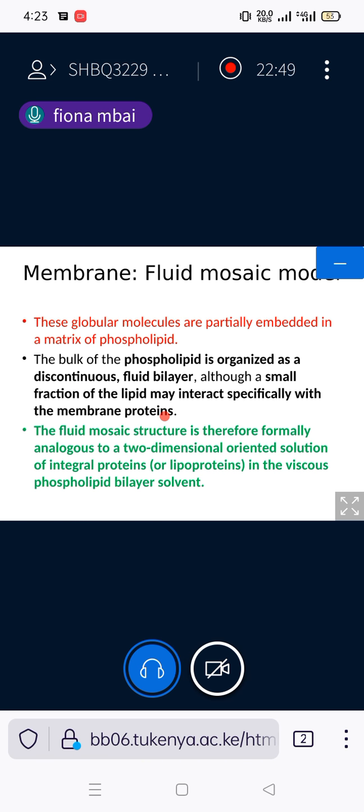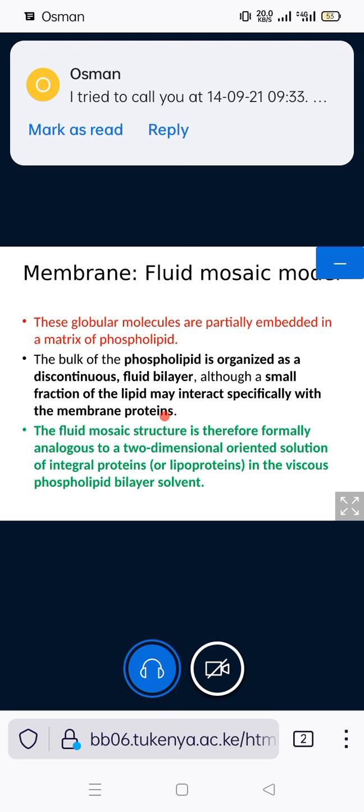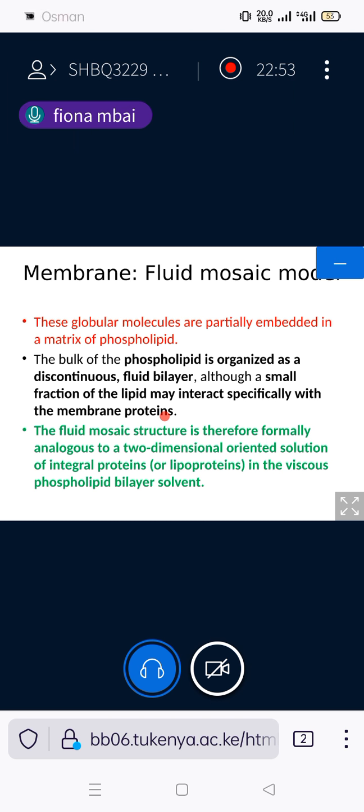And I showed you that with the first slide where I showed you insertion and all the little amino acids, and some are on the outside and some are on the inside. The fluid structure is therefore analogous to a two-dimensional oriented solution of integral proteins or lipoproteins, whatever the case may be, in the viscous phospholipid bilayer solvent.